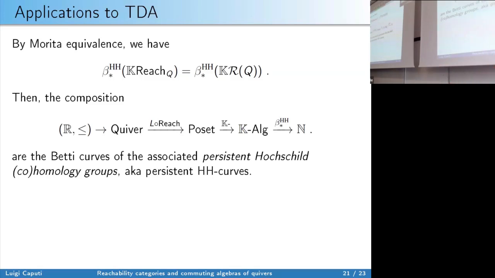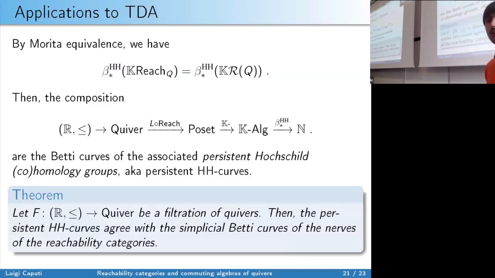So once we have some data, we can associate to it a filtration of graphs as in topological data analysis, and associate to them the reachability posets. Consider the category algebras, the incidence algebras associated to them, and apply Hochschild homology. In analogy with the persistent Betti numbers, we might call these the persistent Hochschild homology curves. This way we have some invariants that can be given to a machine learning algorithm. And the main observation is that these persistent Hochschild homology curves are actually simplicial themselves.